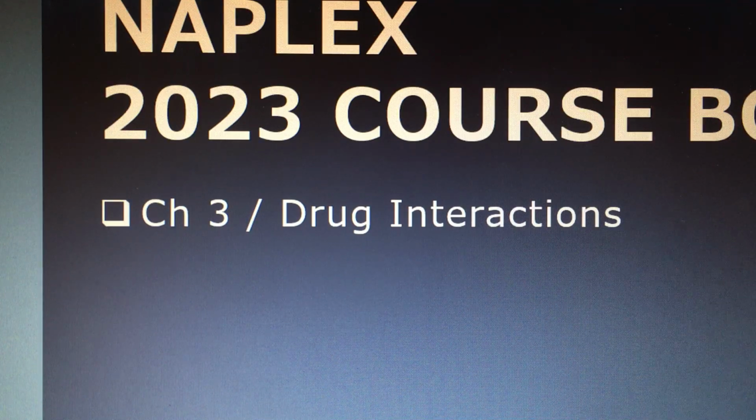We have an acronym of PORCS. So phenytoin, smoking, PS, and then phenobarbital, oxcarbazepine, rifampin, POR, and then CS, carbamazepine, St. John's wort.